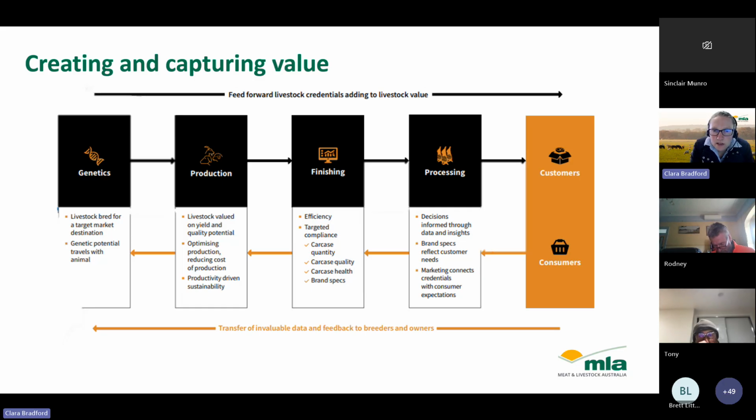And then likewise, the consumer feedback that we receive, not only on future market insights, but also on product, flows back down through to our genetics program, so we can select on those animals and continue to breed for the markets that those animals are going into.